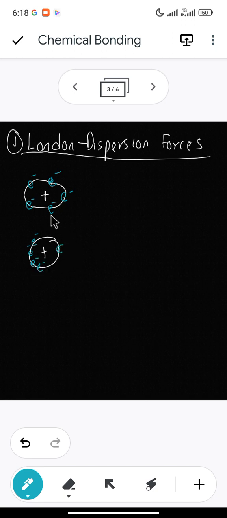Now this has become a dipole. This is non-polar initially, because there is no pole. There are no slightly charged sides. It's just evenly distributed.